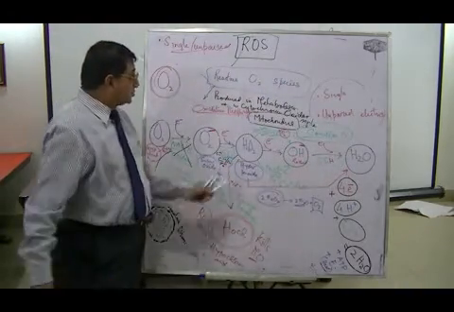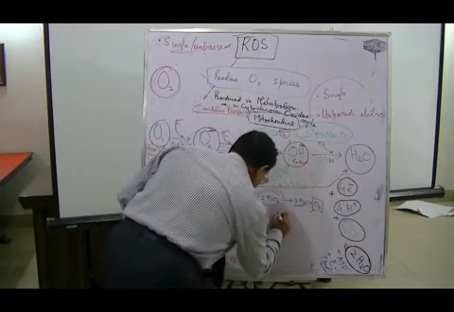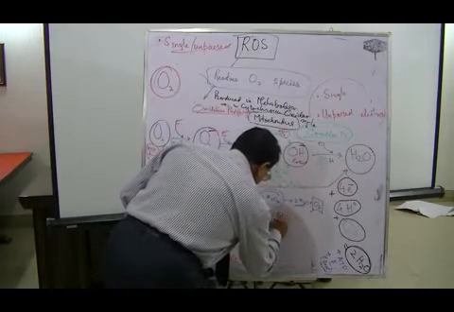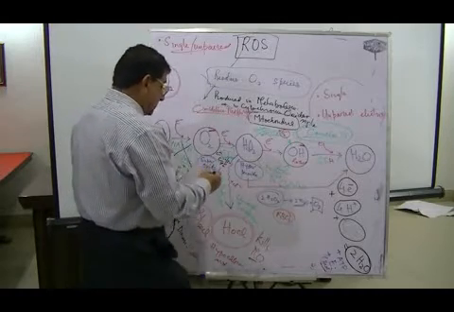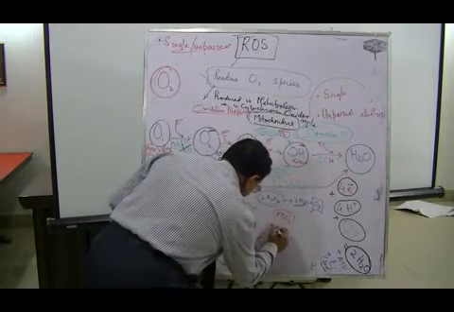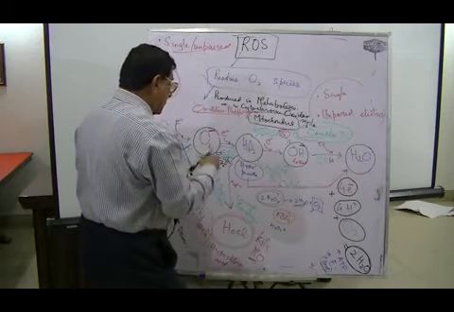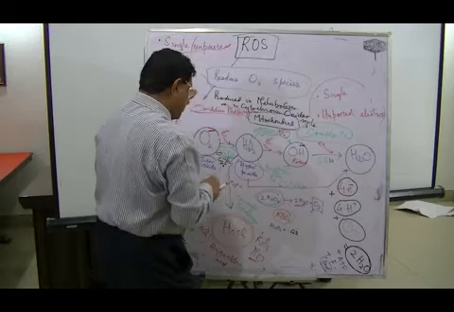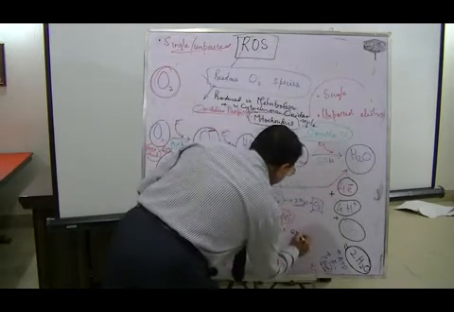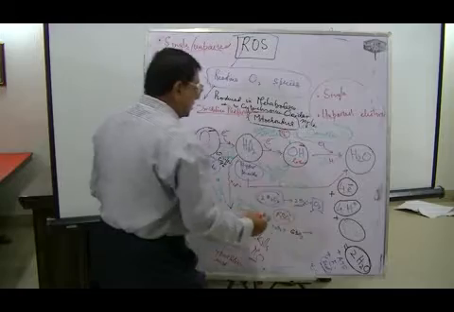And also H2O2 in RBCs is checked by glutathione. Reduced glutathione, which has taken this hydrogen from NADPH formed by the HMP shunt, converts it into 2 molecules of water.